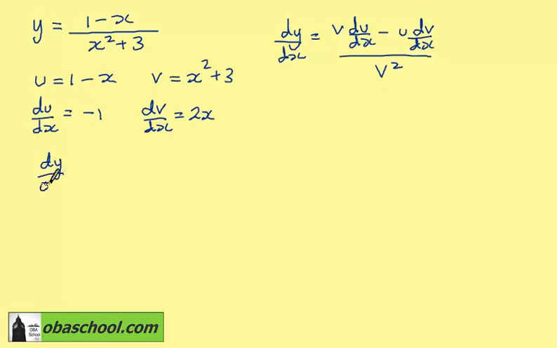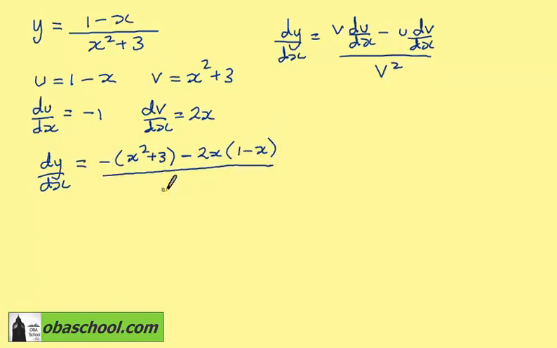So dy/dx is equal to v times du/dx, which is minus (x squared plus 3), take away u dv/dx, which is 2x times (1 minus x), all over v squared, which is (x squared plus 3) all squared.